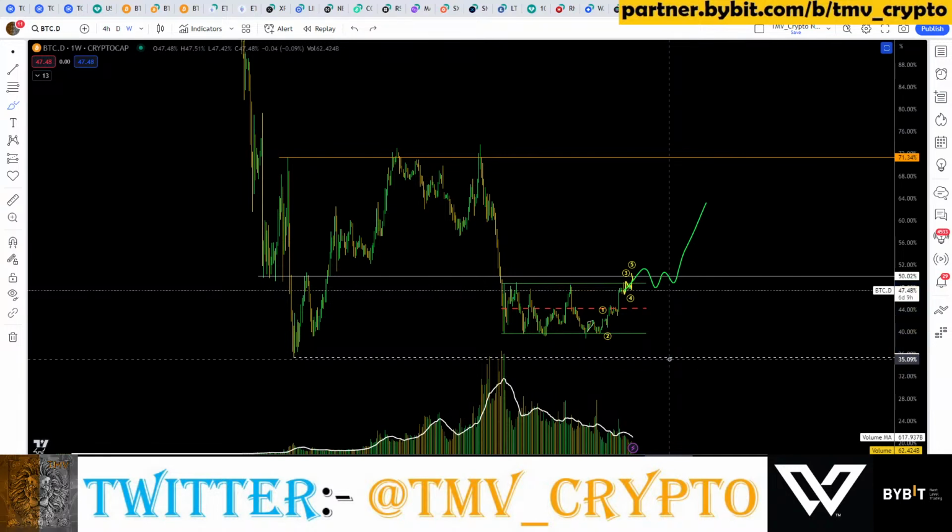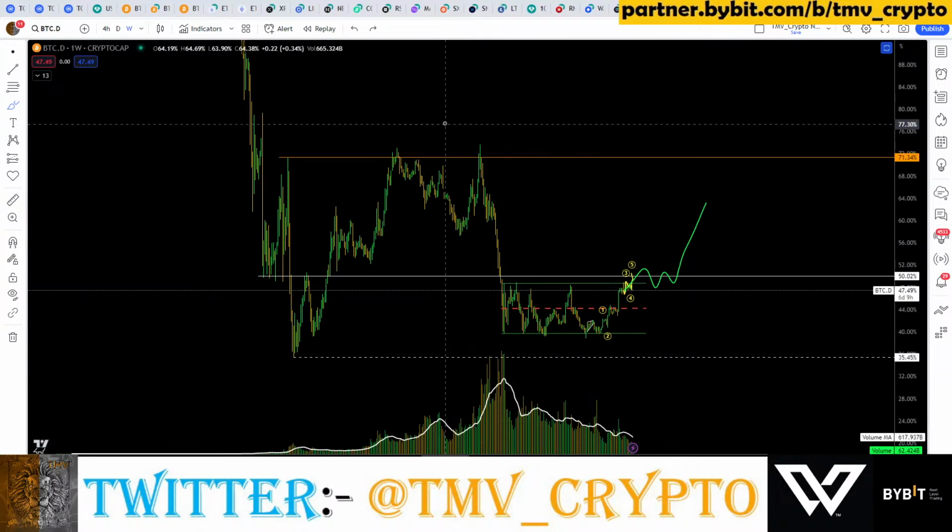But let's say even if Bitcoin goes to 10 trillion market cap with BTC dominance staying at 50% or maybe even 60%, that means Ethereum and the overall alts market cap would be somewhere around $4 trillion. Now let's say Ethereum is the majority, so I'm expecting the Ethereum market cap would be somewhere around $3 trillion.